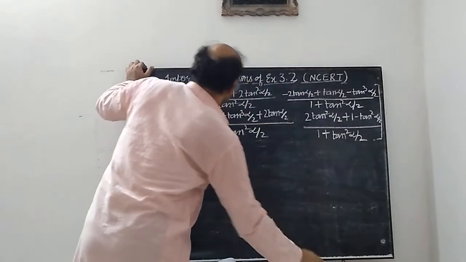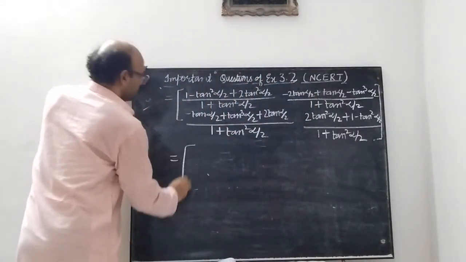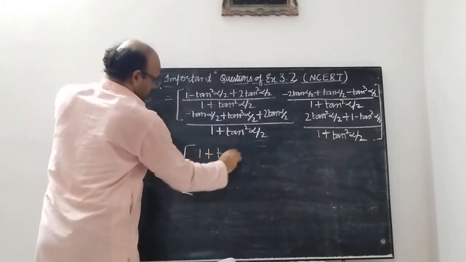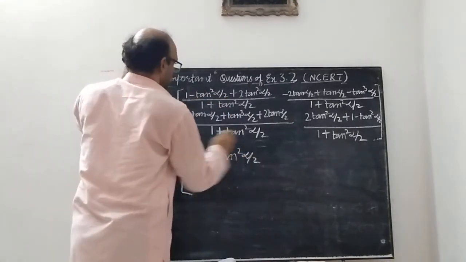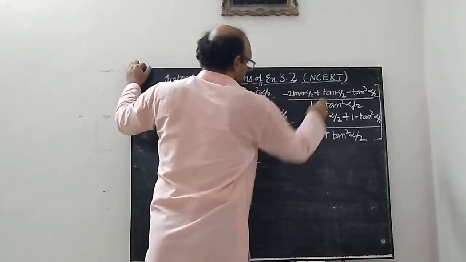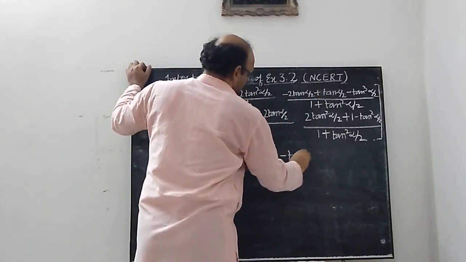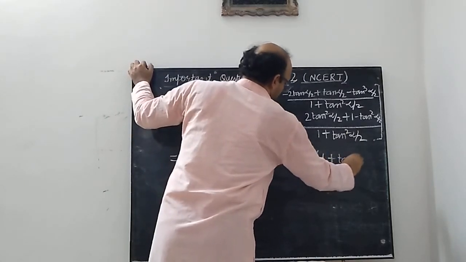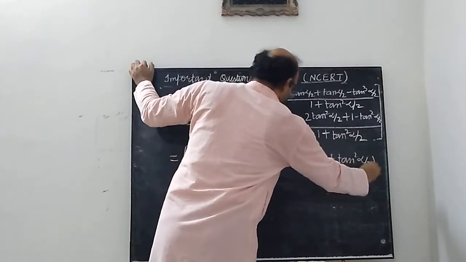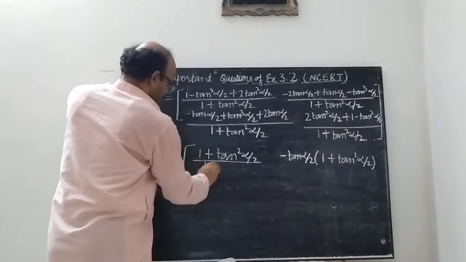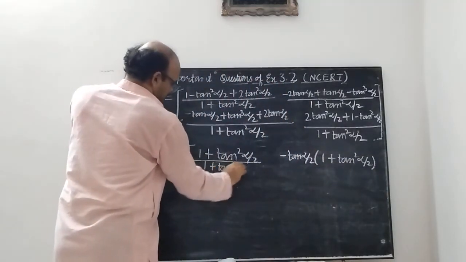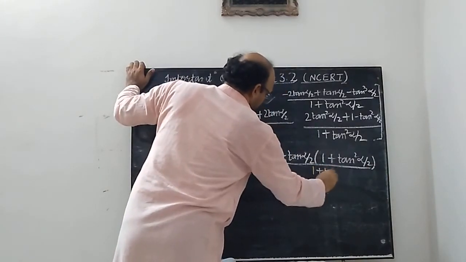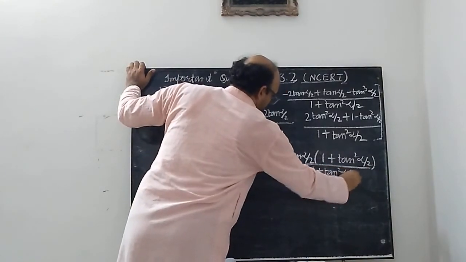So what we get is, this is 1 plus tan square alpha by 2. This is minus tan alpha by 2 taken out as common, 1 plus tan square alpha by 2 upon 1 plus tan square alpha by 2 into 1 plus tan square alpha by 2.